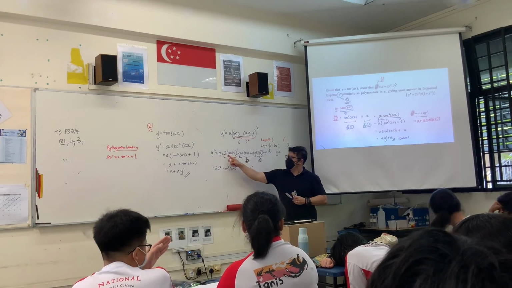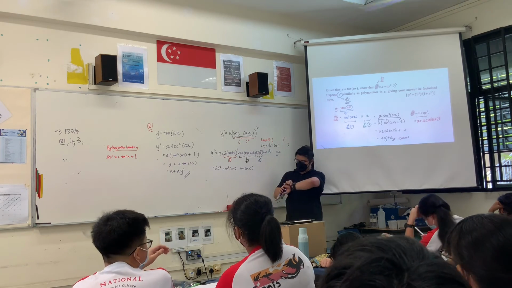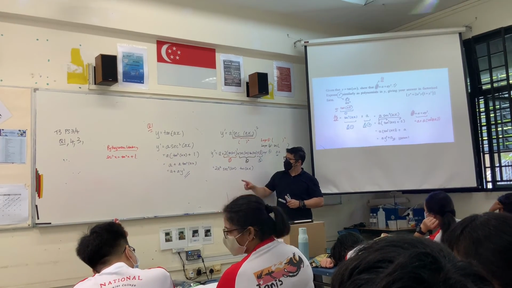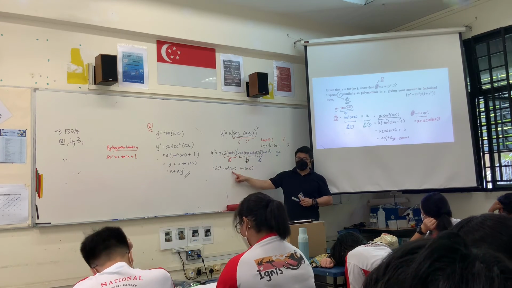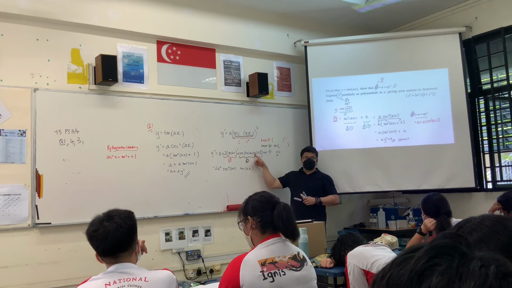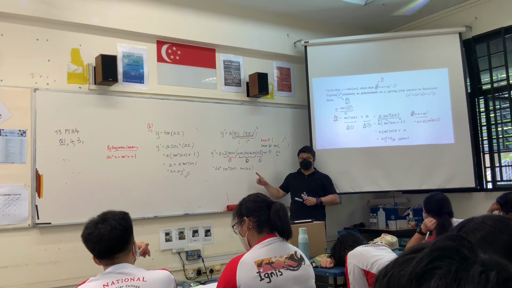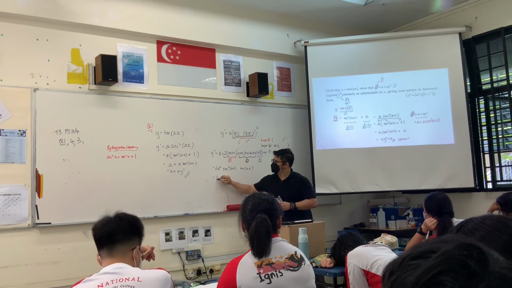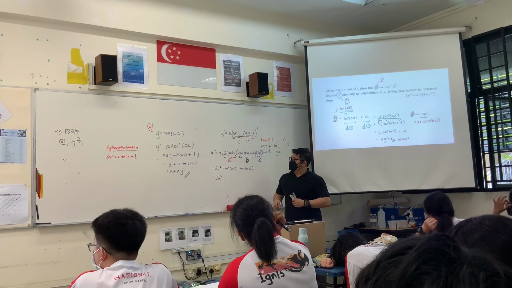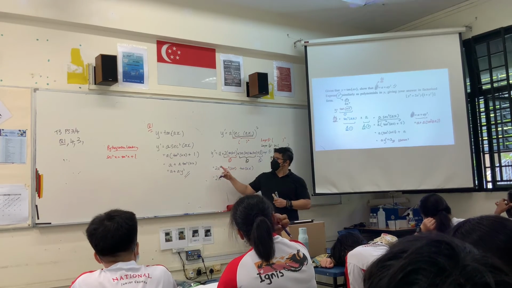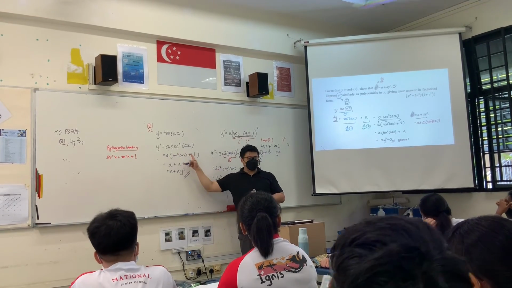Okay? 2a square secant square tangent. Secant square is essentially tangent square plus 1.